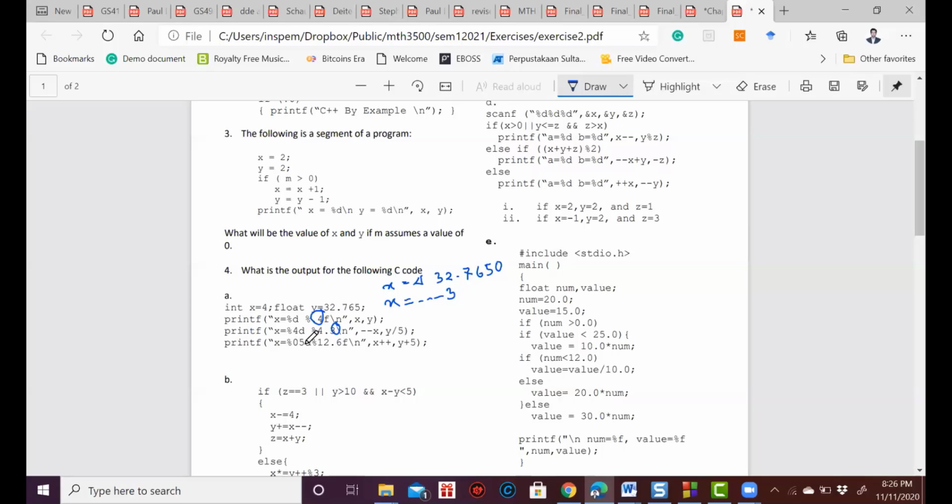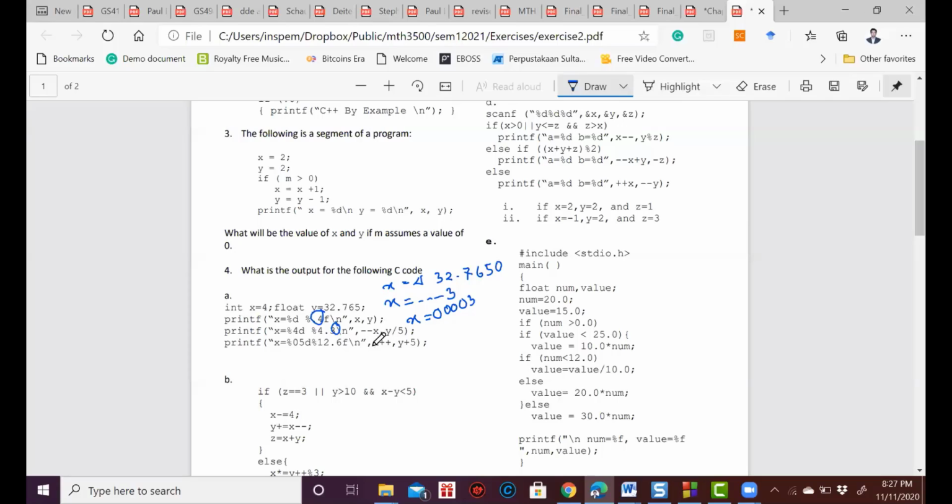The last printf, x is equal to 0, 0, 0, 3. Class, why 3 here? So here x plus plus is 3.